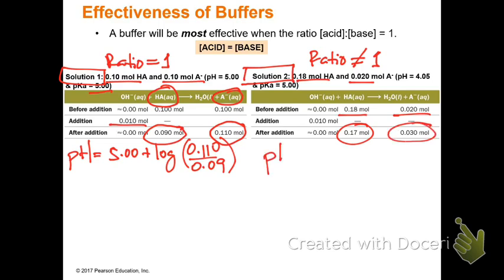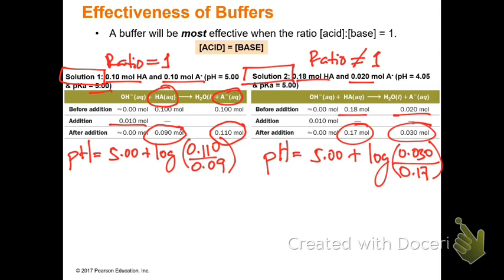So our pH then is equivalent to pKa, which is again 5.00, plus log of the ratio. The ratio here is the conjugate base, 0.030, divided by 0.17. All right, so this is how you would set up the Henderson-Hasselbalch equations.